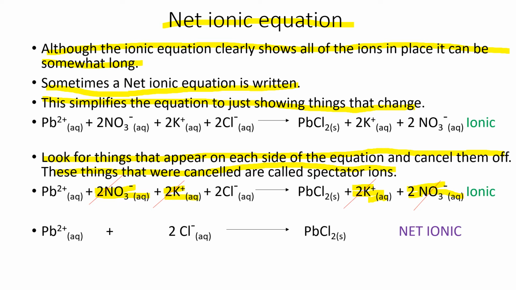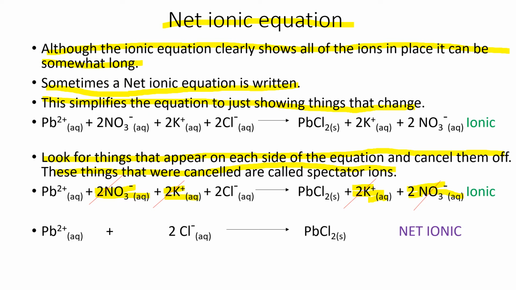By us canceling them off, though, what that is showing is that they didn't take part in the change. They weren't part of the action. They were watching. They were spectating. They were seeing what was happening, but they weren't a part of it. That's why we call these spectator ions. They're there, but they're not actually involved in the reaction.